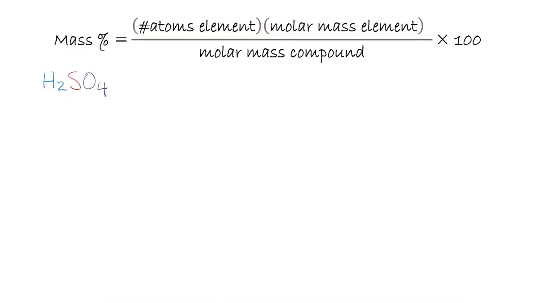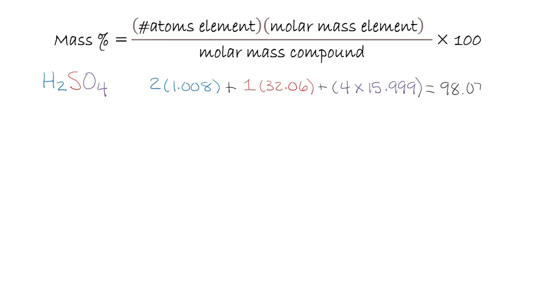The molar mass calculation then is 2 times 1.008 coming from the hydrogen plus 1 times 32.06 coming from the sulfur plus 4 times 15.999 coming from the oxygen. This gives 98.07 grams per mole for the molar mass of H2SO4.